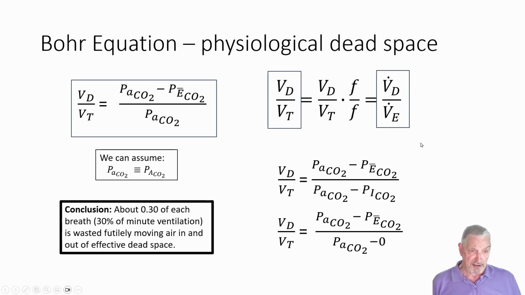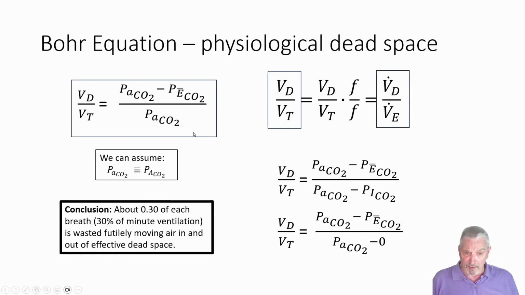So the other thing that you can learn if you look carefully at this equation is this ratio here also expresses the ratio of dead space ventilation to minute ventilation, because we can multiply anything upstairs and downstairs by respiratory frequency.